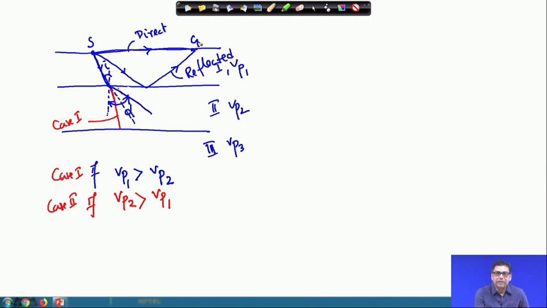So, where do we place the geophone? We have to follow this blue path. That means one condition is that we always have to follow case 2, where the velocity of the second layer must be greater than the velocity of the first layer. You have to remember this.